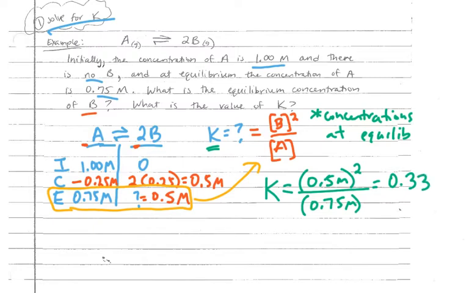All right, so the ice box is simply an organizational tool to help you go from initial conditions to equilibrium conditions using that, calculating that change. And then we can use those equilibrium concentrations that we find using the ice box and plug them into our equilibrium constant expression to solve for K.